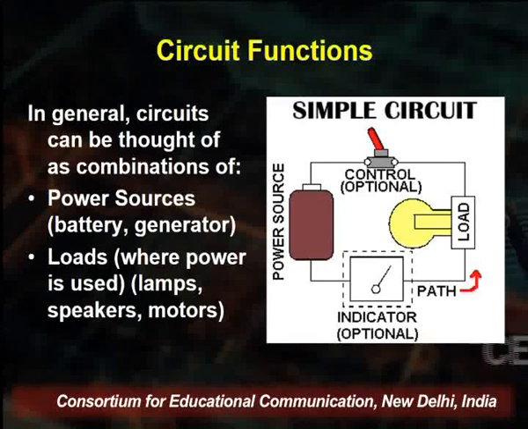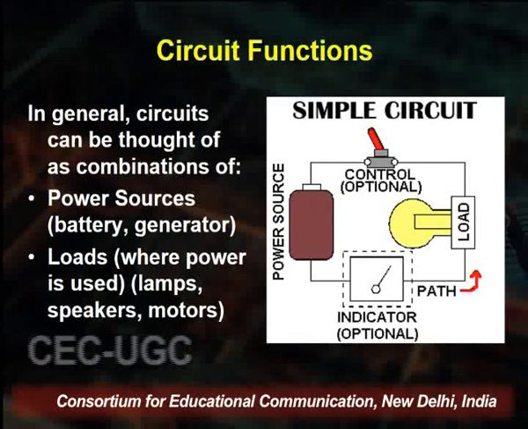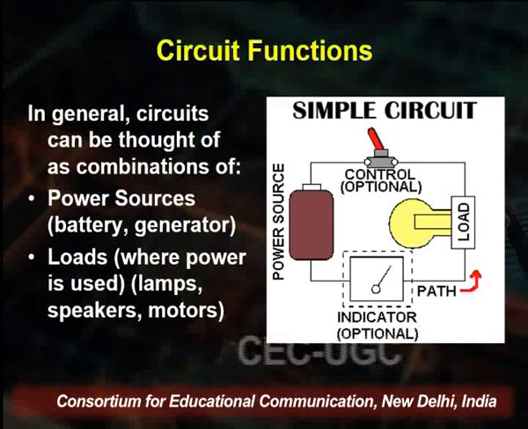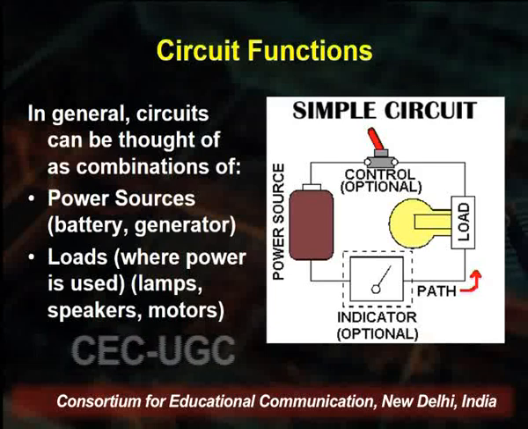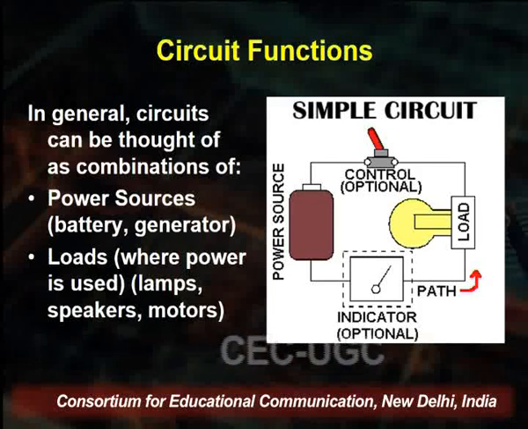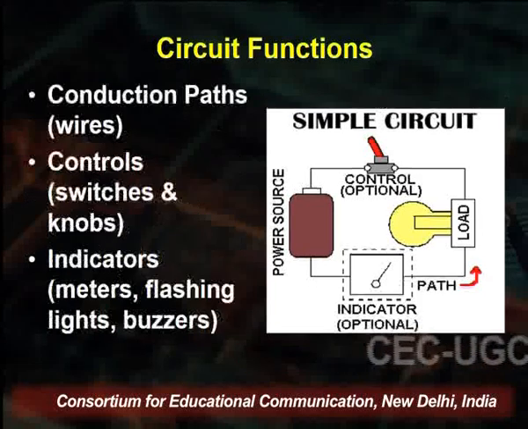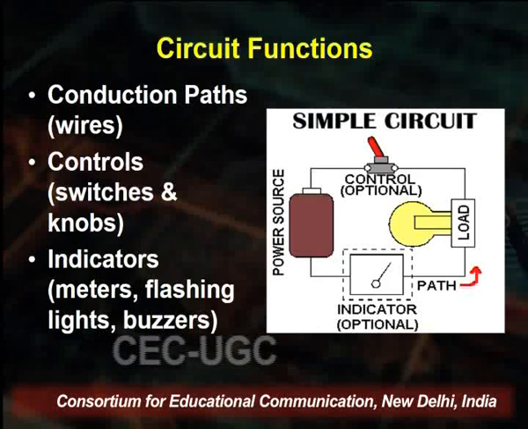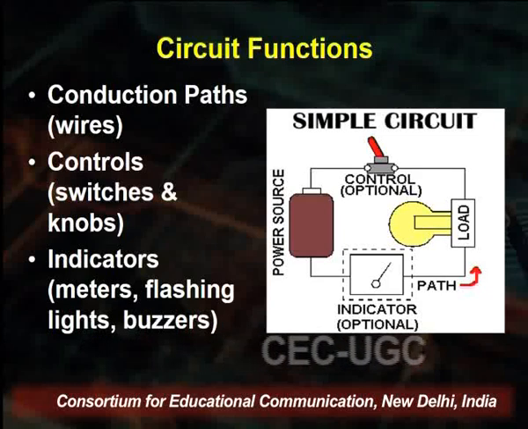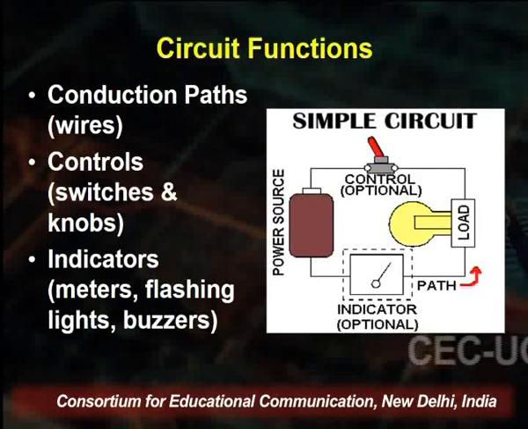In general, a circuit can be thought of as a combination of the power source, which may be a battery or a generator; the load, where the power is used, like a lamp, speakers, or motor; and the conduction path that connects everything with wires.